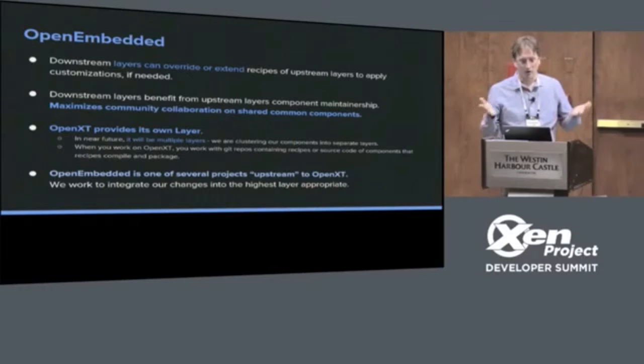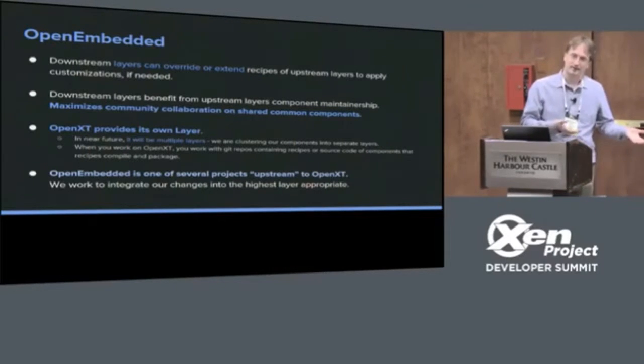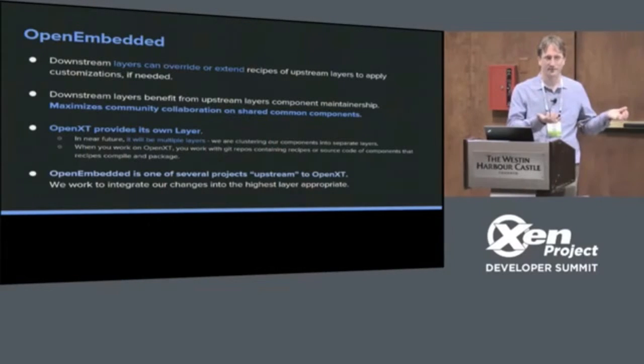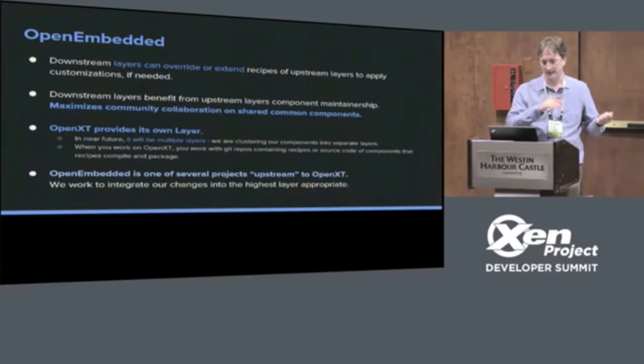So OpenXT provides its own layer. That's the structure of our system. And it includes the components that are custom to OpenXT, and it allows us to tweak packages that we inherit from upstream.